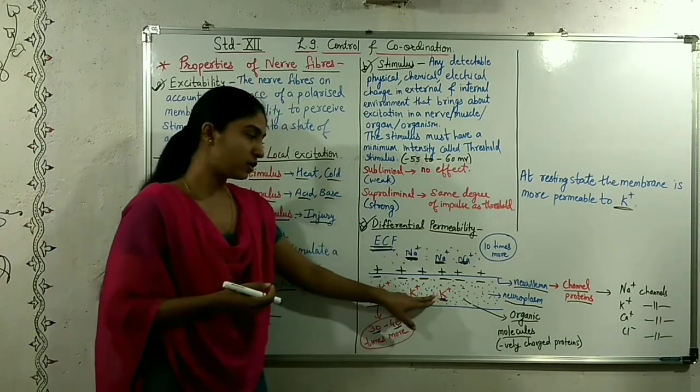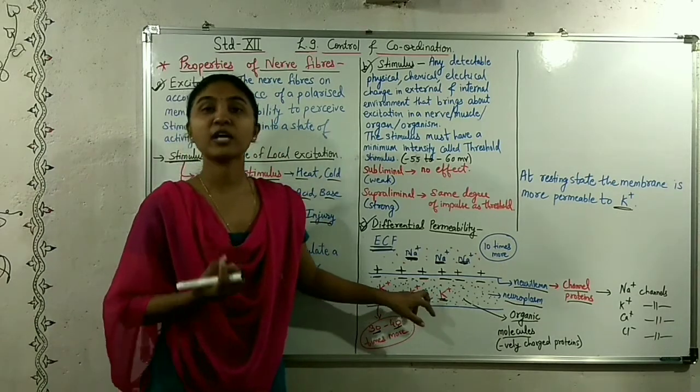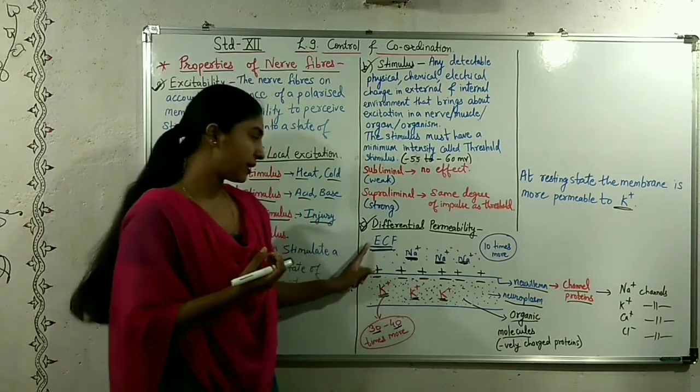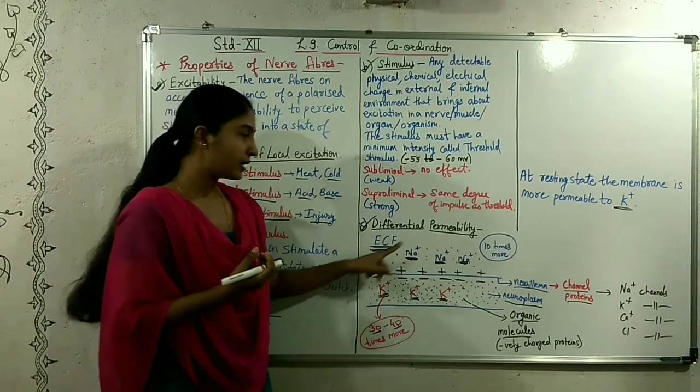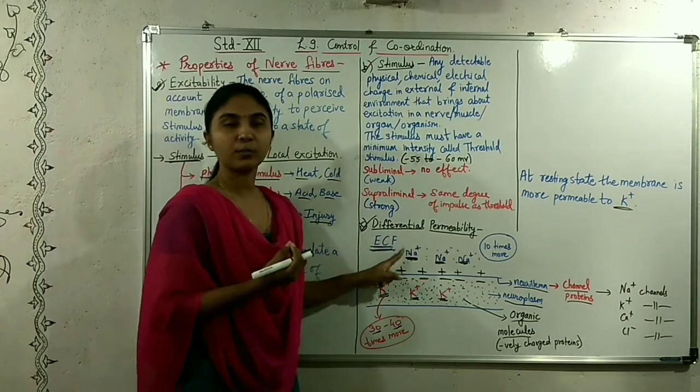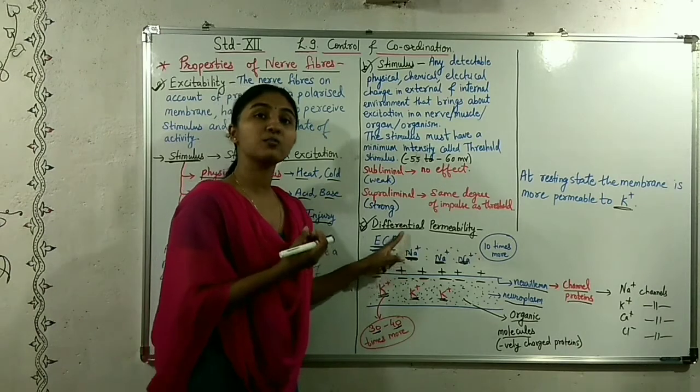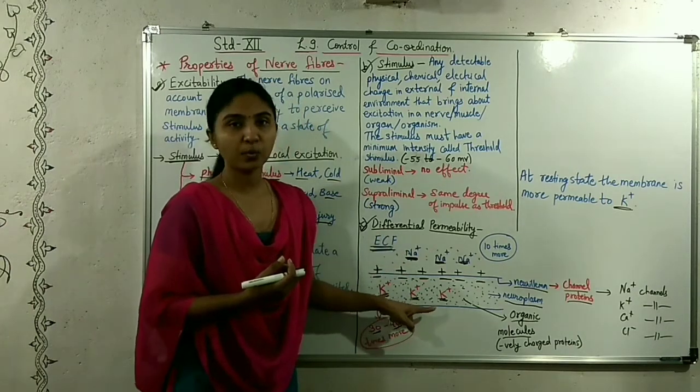So in the neuroplasm the concentration of potassium ion is more, and in the extracellular fluid the concentration of sodium ion is more.